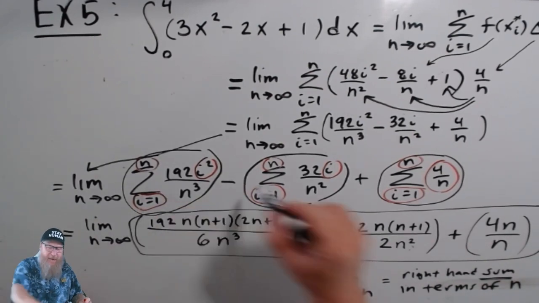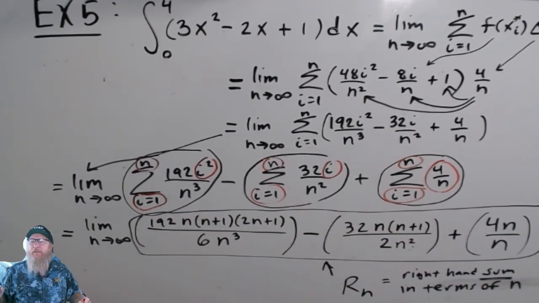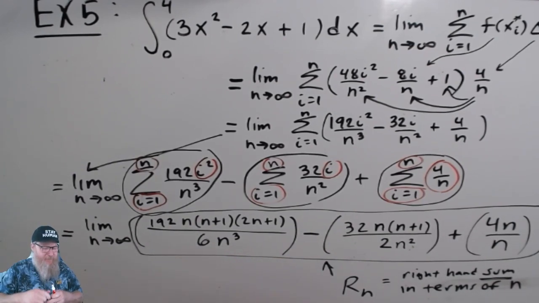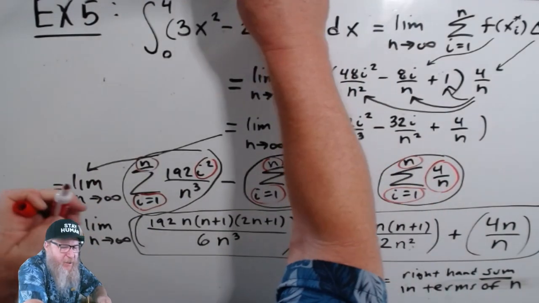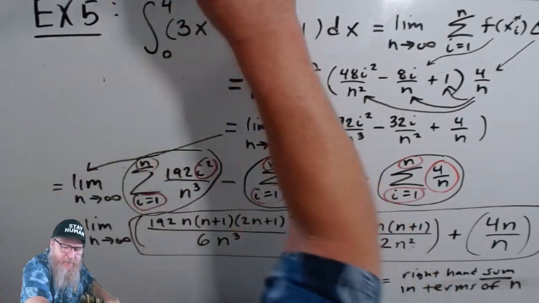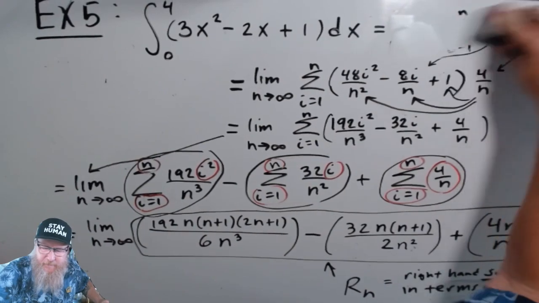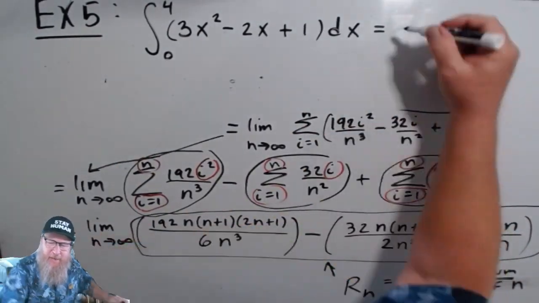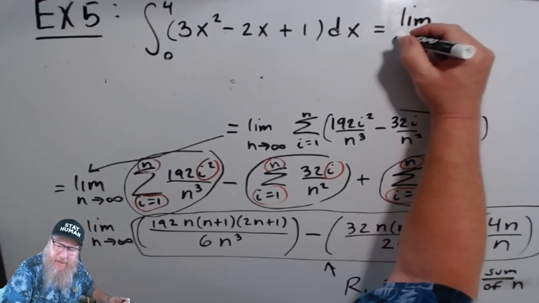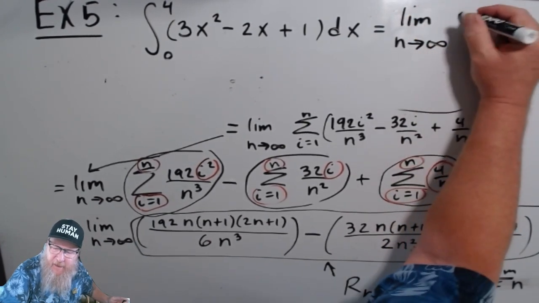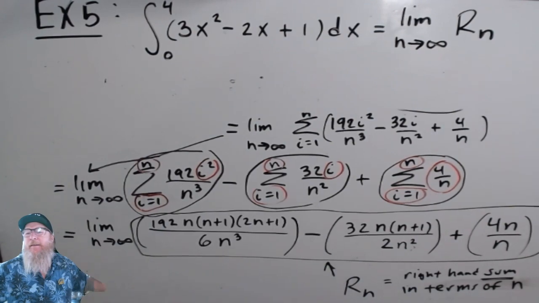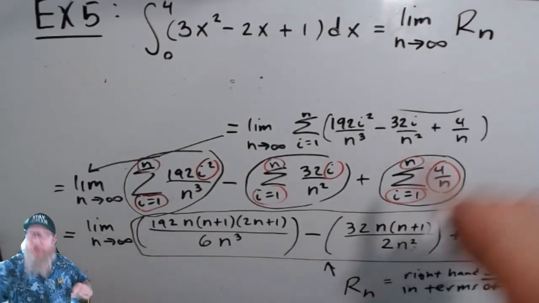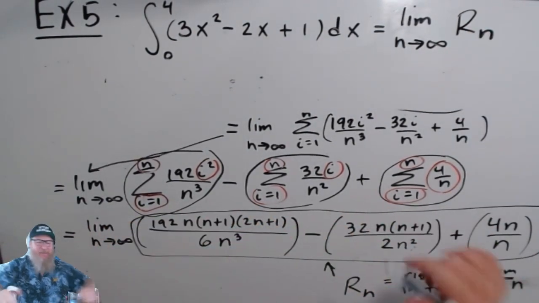Yeah, so I've already completed the summation in terms of n. What's nice about that is then when you go to your next step, this is the limit as n goes to infinity of Rn. Yeah. So Rn is just a shorthand for all of this.